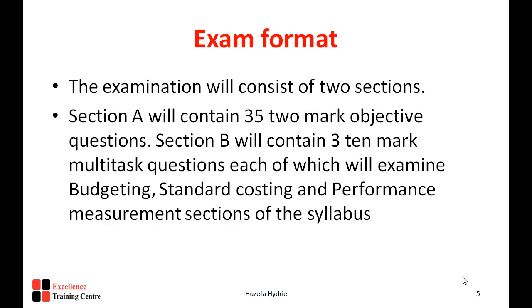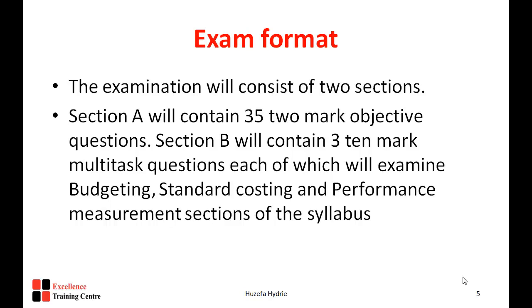You already know the last 3 questions: the first question from budgeting, the second from standard costing, that is your variances, and the third is performance measurement, that is related to your ratio analysis. So 3 things are compulsory. Budgeting will be coming in your exam, standard costing will be coming in your exam, and performance measurement will be coming in your exam. Now you can expect these 3 areas to be very important.